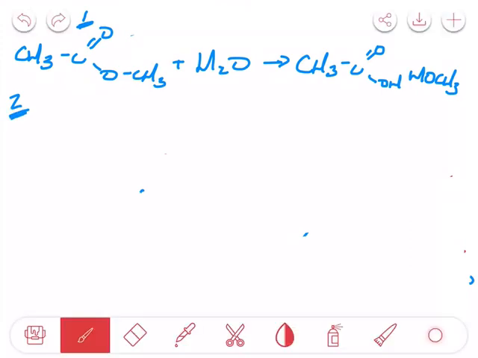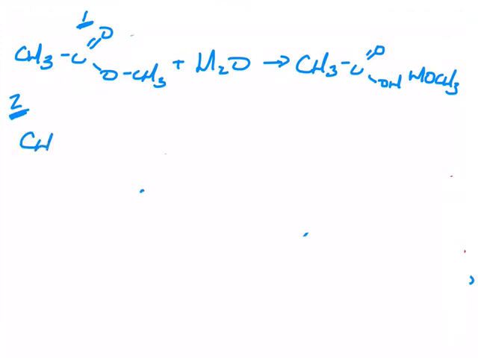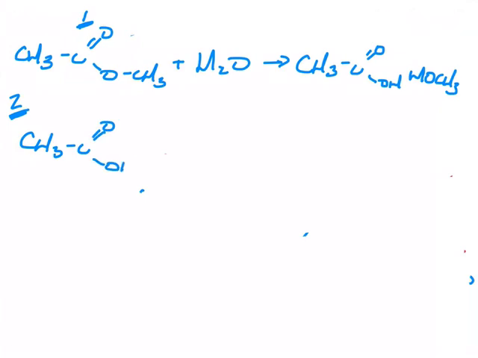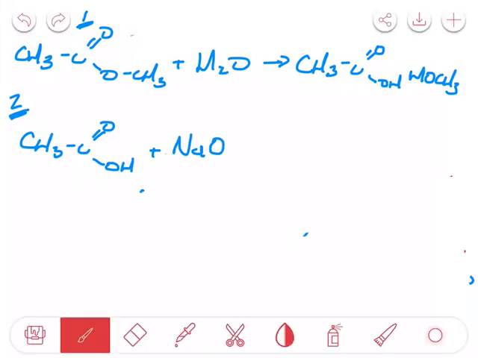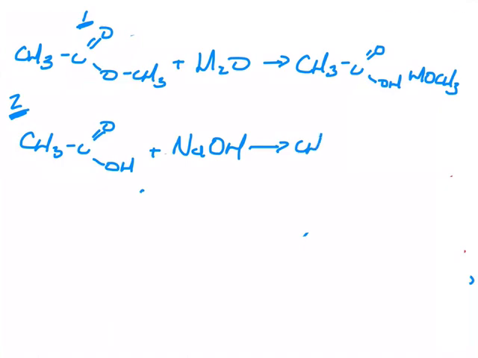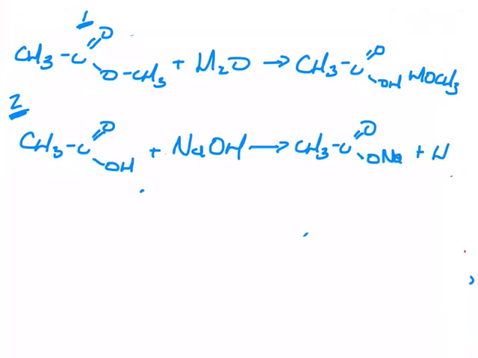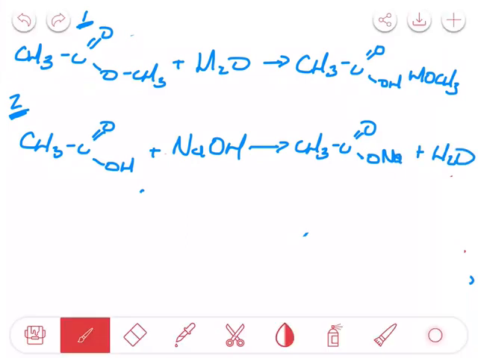Step two then is the carboxylic acid that is formed at the end of step one, reacts with the sodium hydroxide to form sodium ethanoate and water.